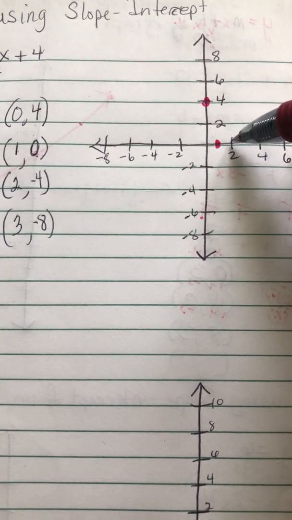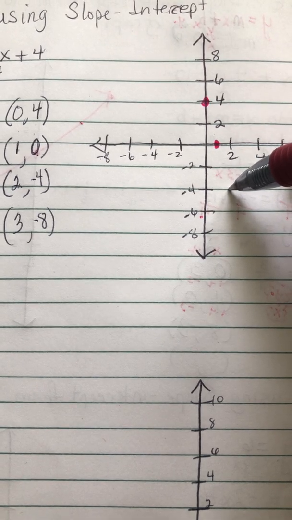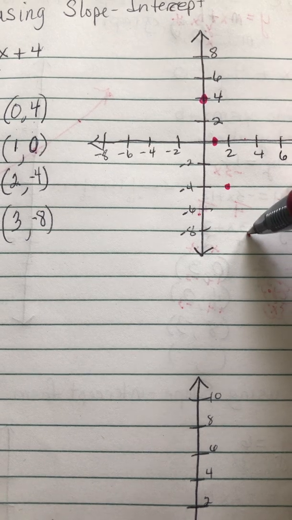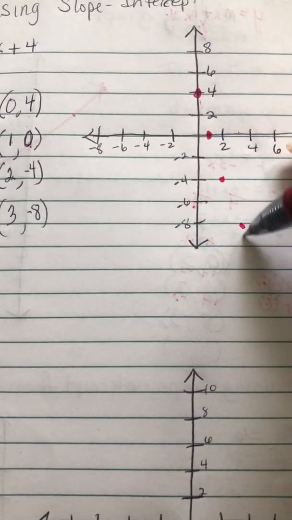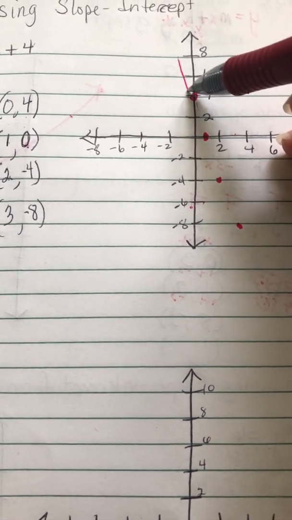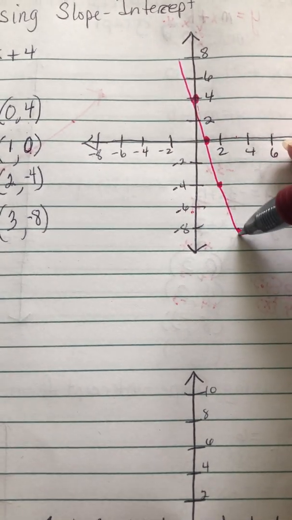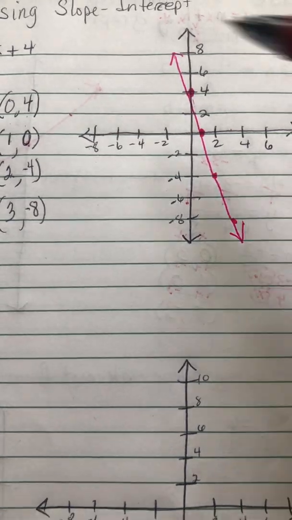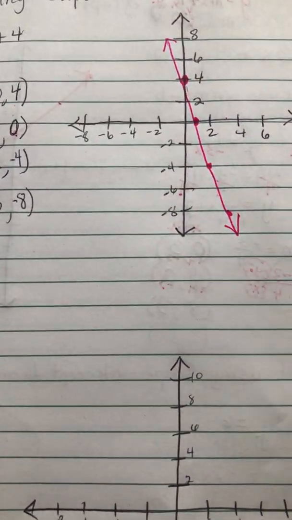Okay, then 2 and -4 comes down to here. And 3 and -8 comes down to here. See how they're all lining up in a straight line here? So you only have to graph 2 points. But if you visualize the others, they should all line up. And if they don't, you've done something wrong somewhere, because they will always line up.